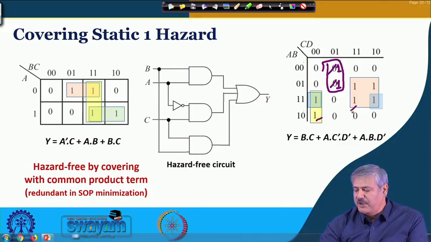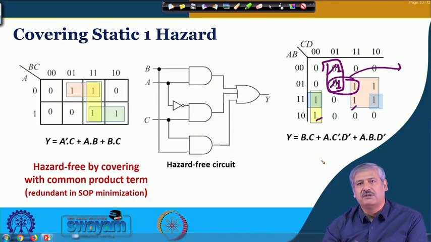Now to make it hazard free, if you look at it, there are two such potential glitches. One is the one that we have already seen, another is this particular case. These two are logically adjacent but not covered by any common product term in the most minimized case. So to cover this, we need to generate this term and add it here, for that particular minimized expression.